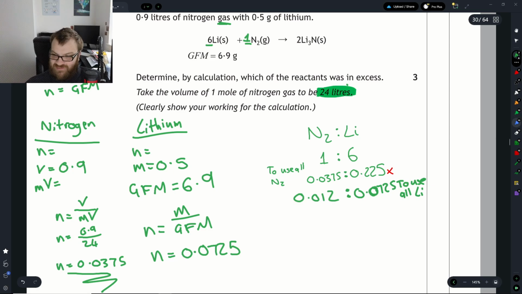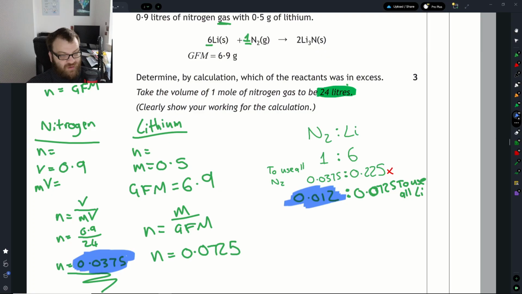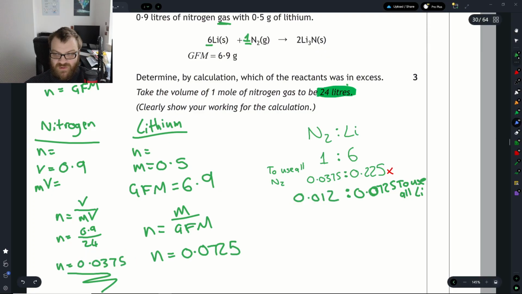moles. If we now look at how much nitrogen we've calculated we would need versus how much we have got from the question, we do have enough of the nitrogen to make this happen. This means we will use all the lithium. All lithium used tells us this is our limiting factor.